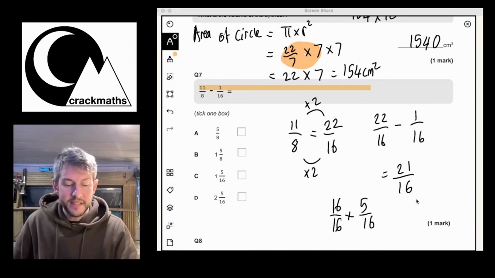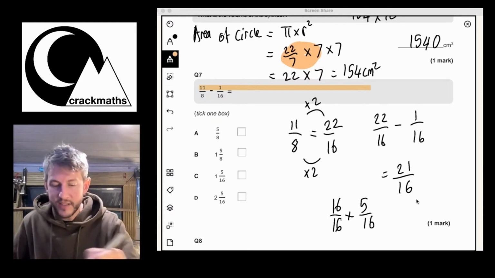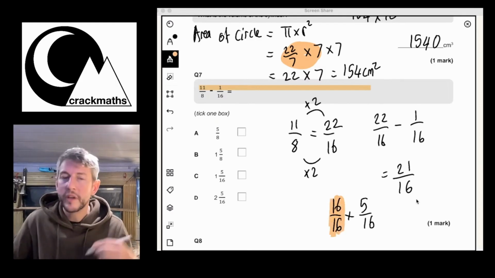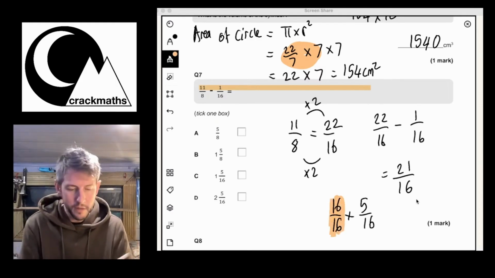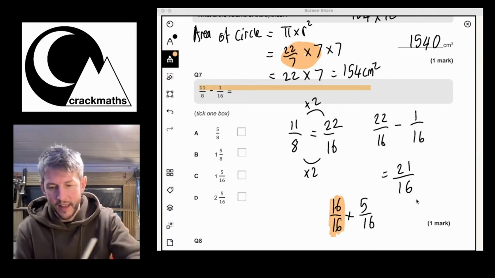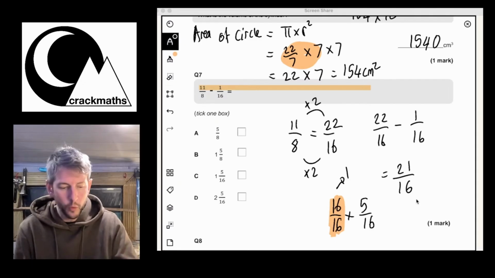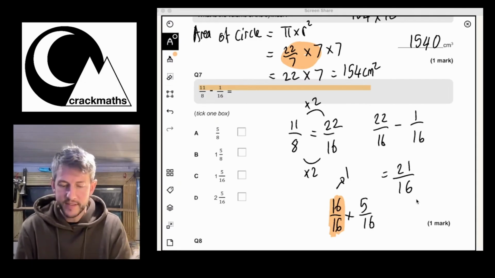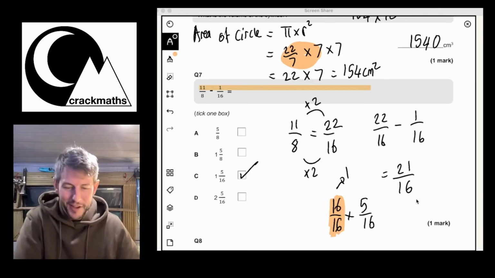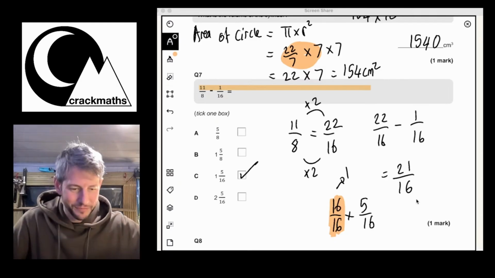This 16 over 16 is equivalent to a whole, because when we complete a fraction, it's equal to 1. So I'm going to call this 1 5/16, which is option C. Okay, great. Right, let's keep going.